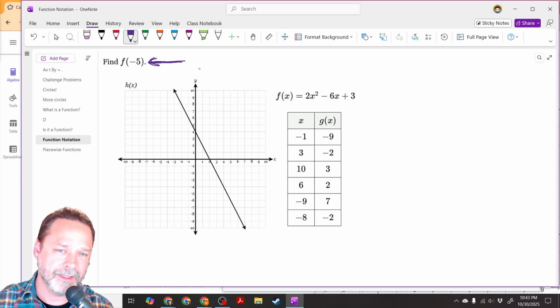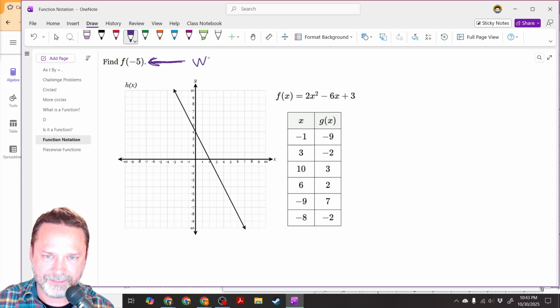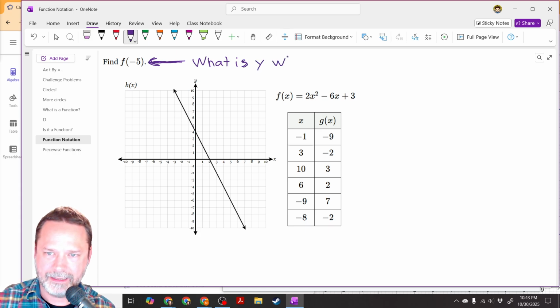Okay, f of negative 5, when you see something like that, it means what is y when x equals negative 5? That's what that means.